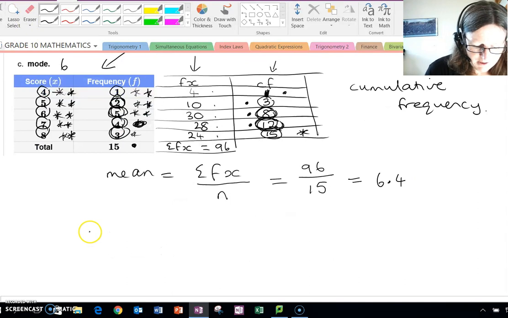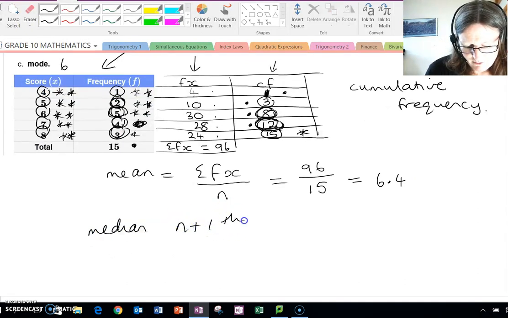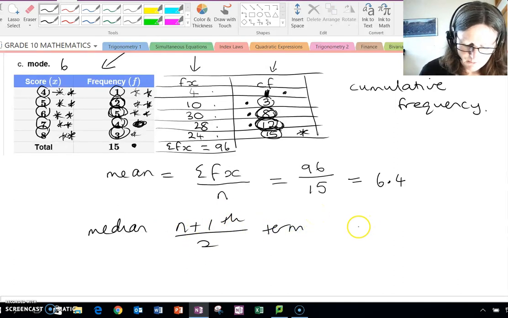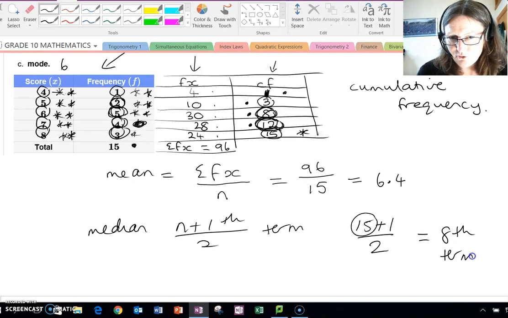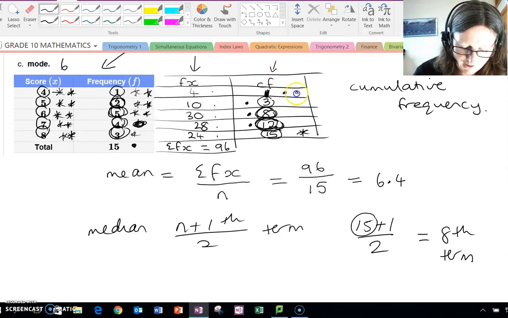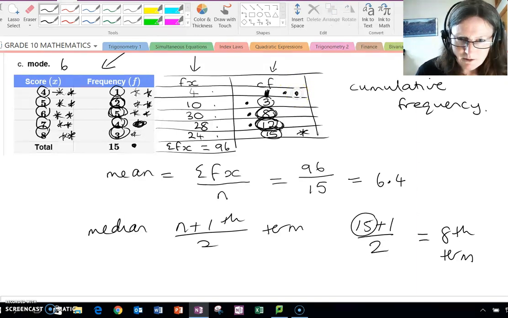Now remember, the median is the (n plus 1) divided by 2 th term. So in our table there are 15 terms. So we go 15 plus 1 divided by 2. We are looking for the 8th term. To find the 8th term, we go down our CF column until we get to the 8th term. So here we have just the first term.